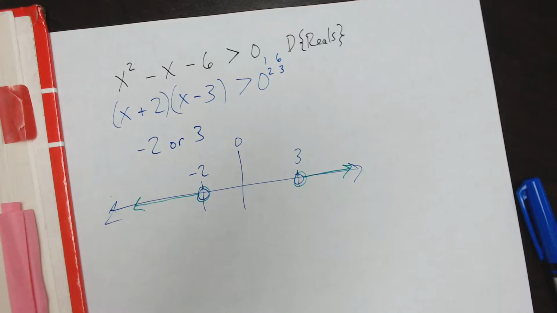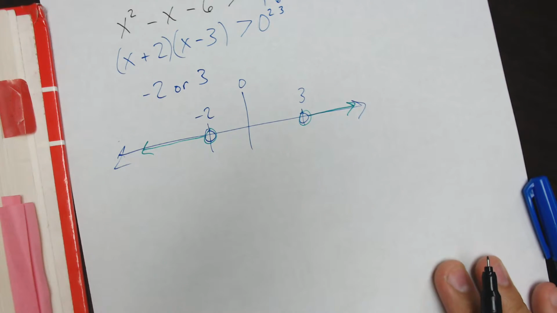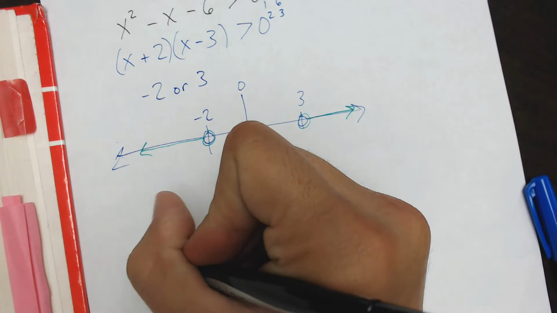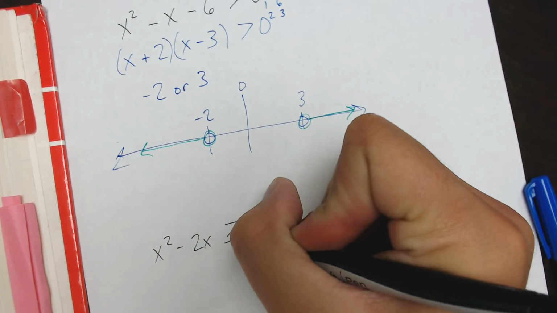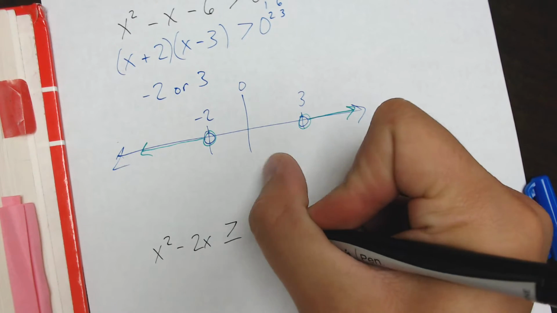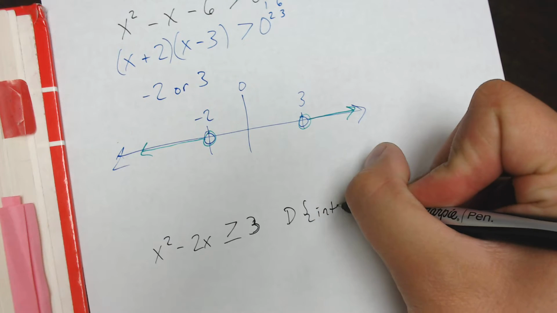And it's that easy. So we'll go ahead and do another example. Let's do, oh, this is a good one. It's got integers and it's out of order. All right, so let's say we've got x squared minus 2x is greater than or equal to +3, and the domain is integers.